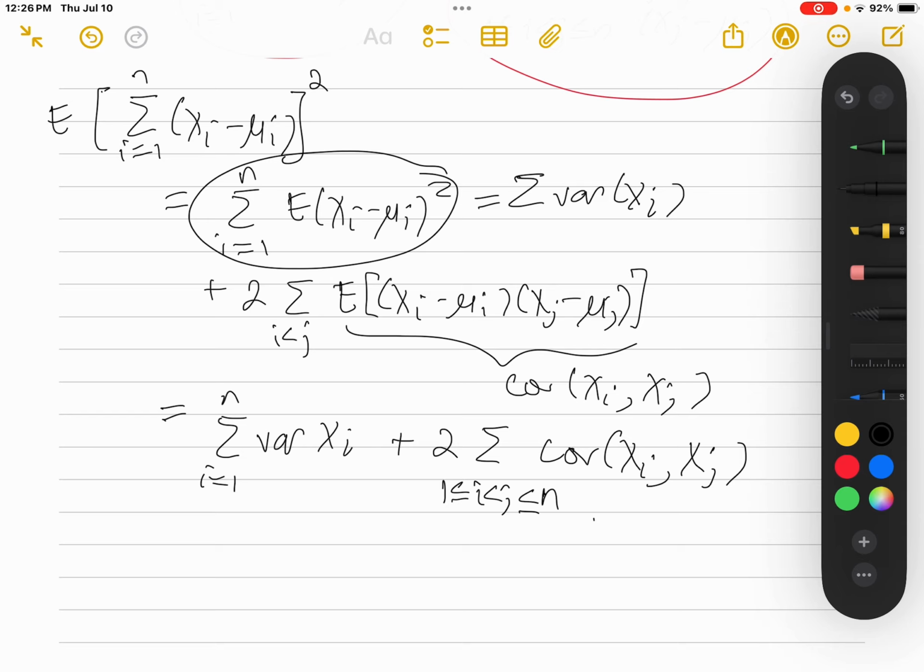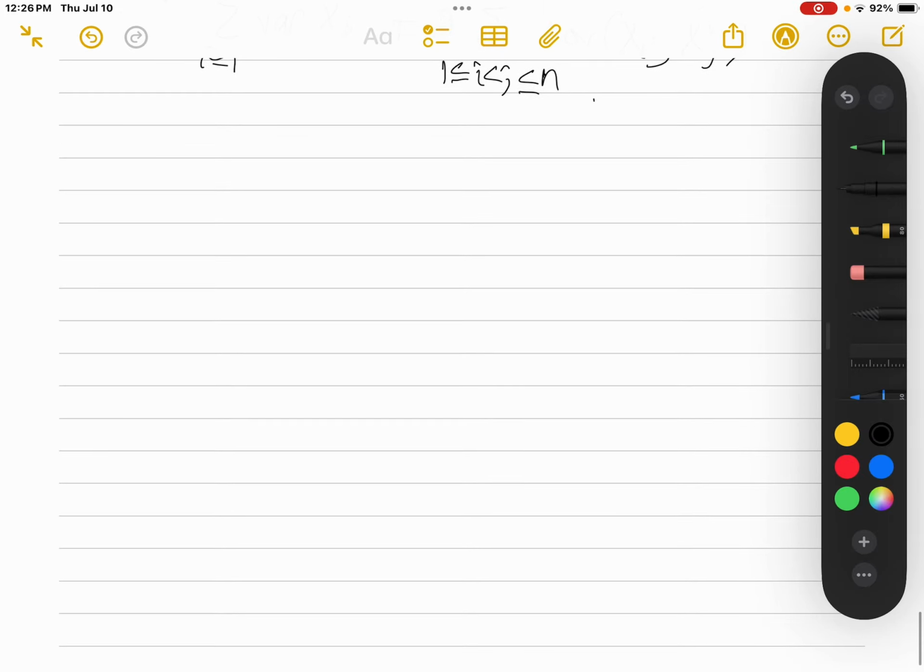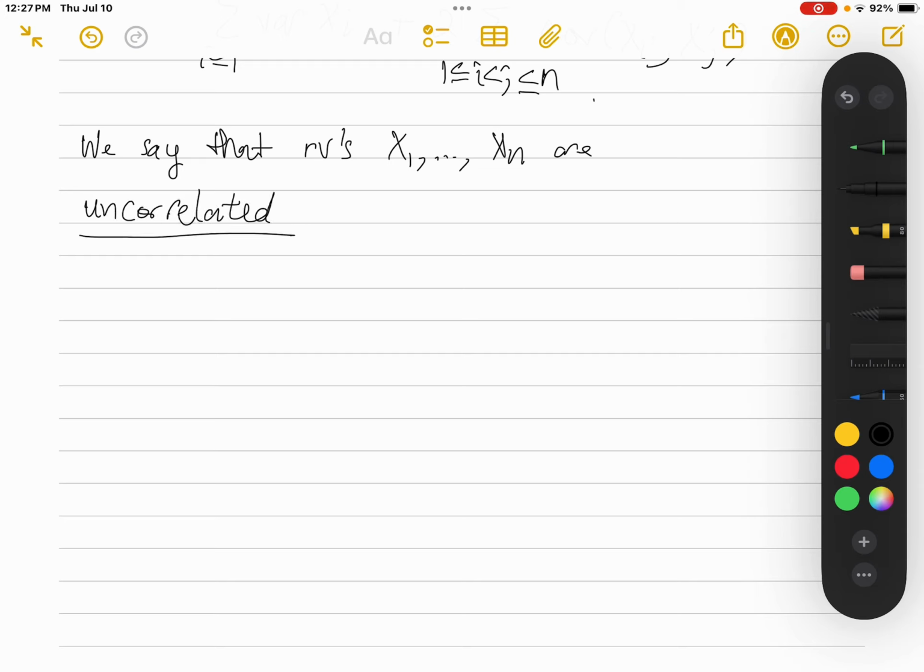Okay. So this formula leads us to the next definition, which says that random variables x1 through xn are uncorrelated if whenever i is not equal to j, the covariance of xi and xj is 0.